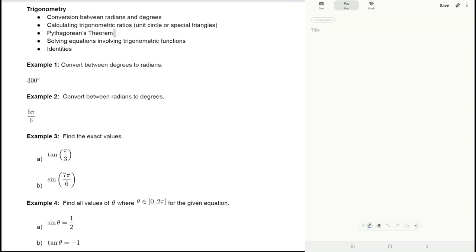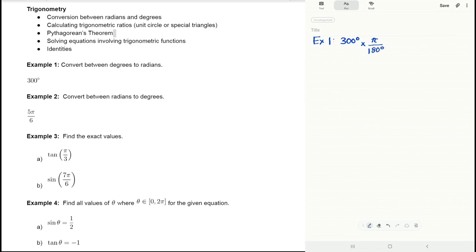So for the first example, we want to convert 300 degrees into radians. And to convert from degrees to radians, we're going to multiply by pi over 180 degrees.